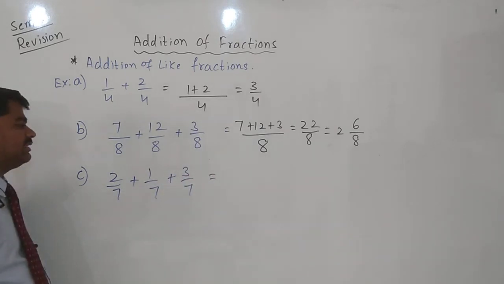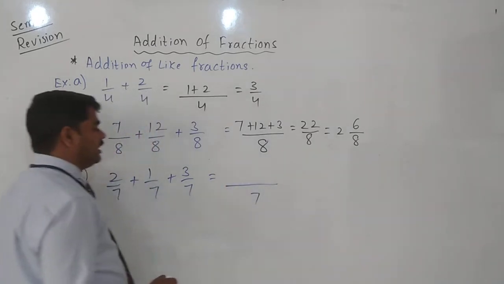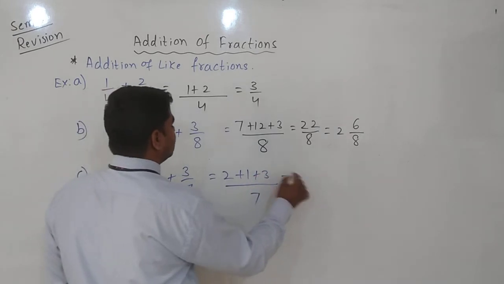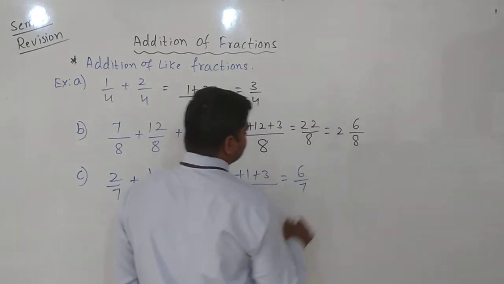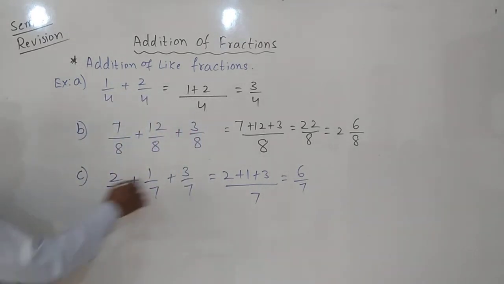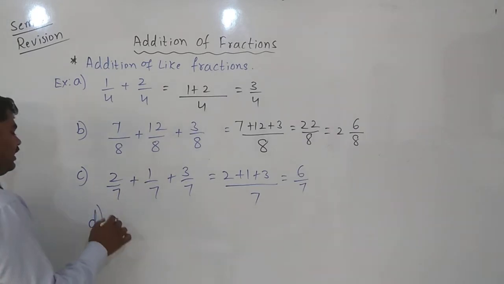In this case, just take 7 as the common denominator, then 2 plus 1 plus 3. It is 2 plus 1, 3, plus 3, 6 by 7. 6 by 7 is the fraction. That is the answer we got. Like this, any number.